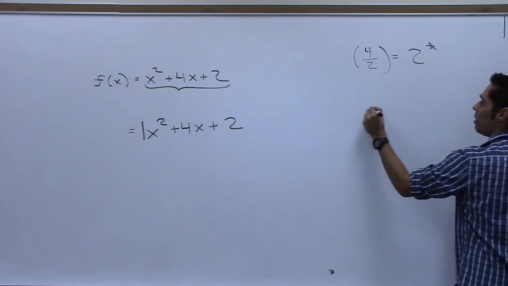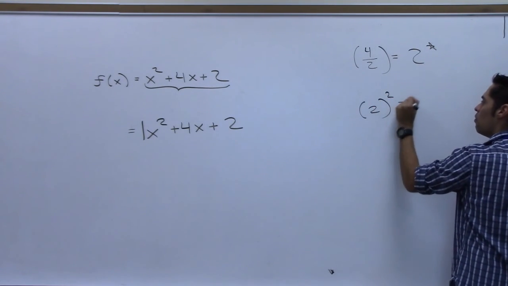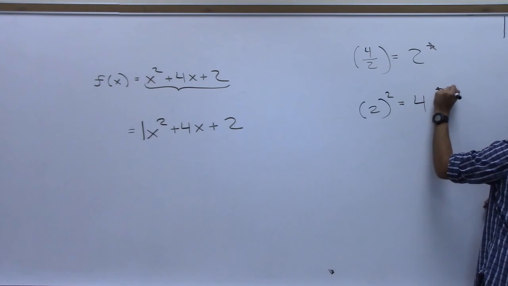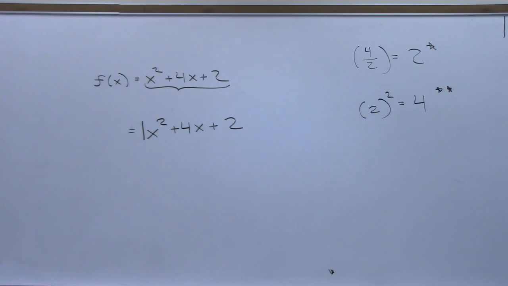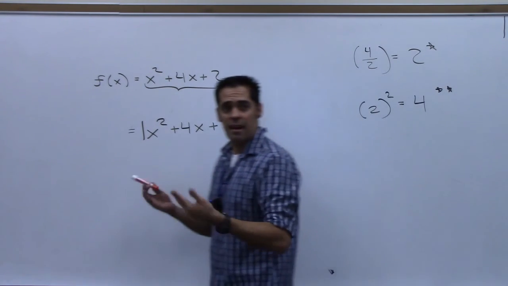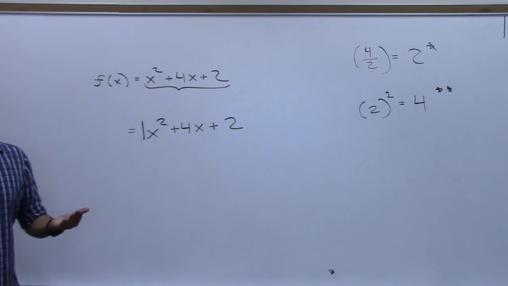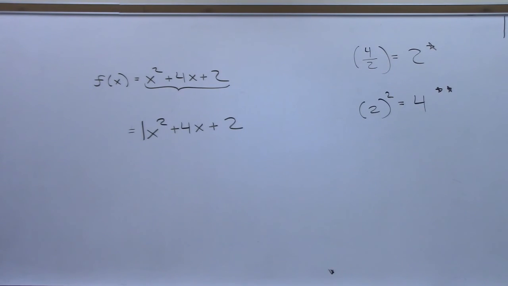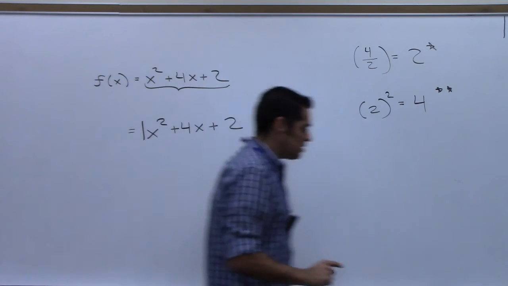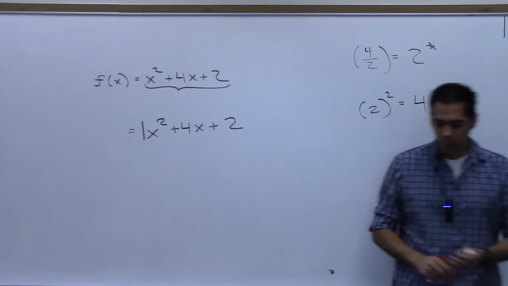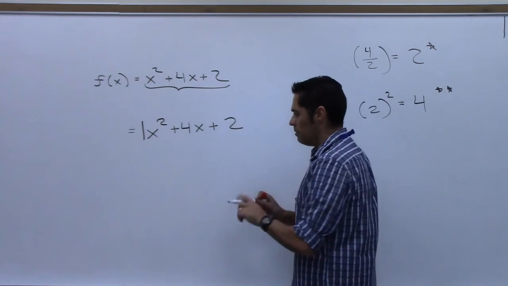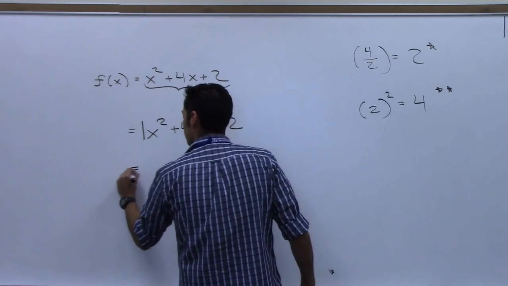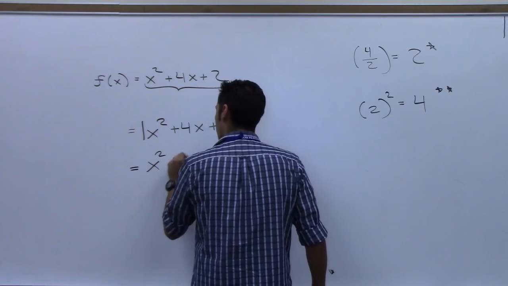I'm going to take that number and square it, which is going to give me 4. That's still going to be a special number, right? But here's the deal. I can't add 4 to both sides because I have no both sides, right? So I'm going to realize this is one of the first times this is going to ever happen to you. So enjoy it. You're about to see something you probably haven't seen before.